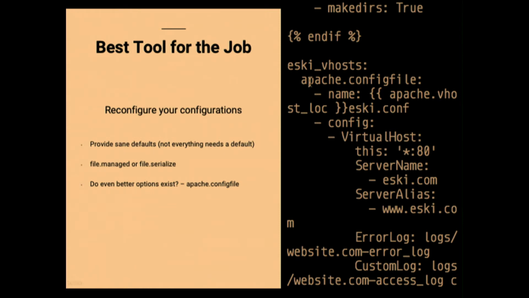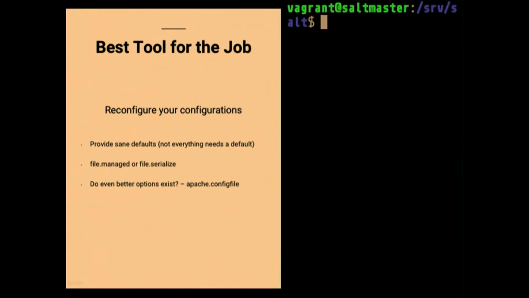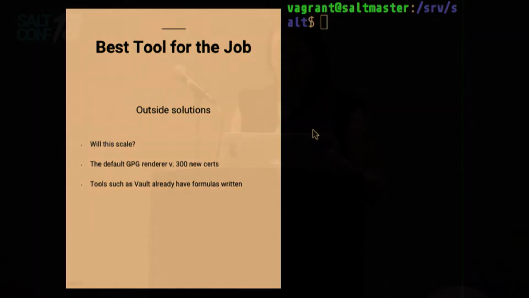And then, of course, taking this to another level, sometimes the solutions we need aren't even in Salt itself. So say we have a number of SSL certs that we need to rotate. Well, that's fine if we're using the GPG renderer with Salt when we have 10 of them. But what if we have to update 100 servers? That's a little bit tedious.